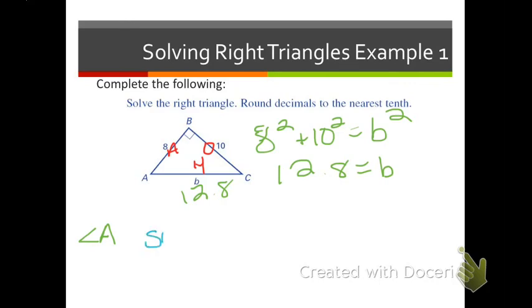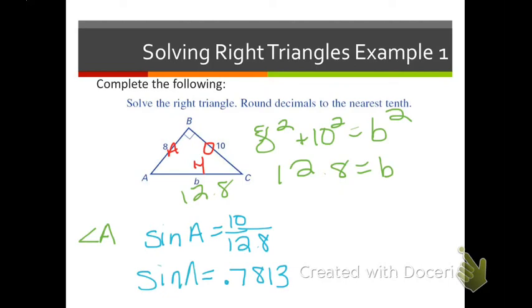So the sine of A is equal to 10 over 12.8. So the sine of A, 10 divided by 12.8, is equal to 0.7813. I'm going out 4 decimal places, please do that.